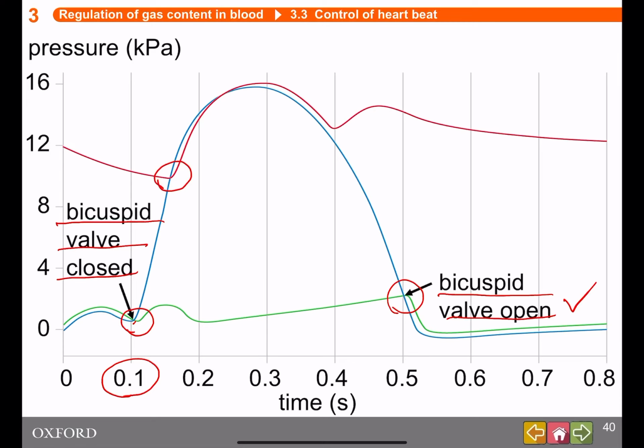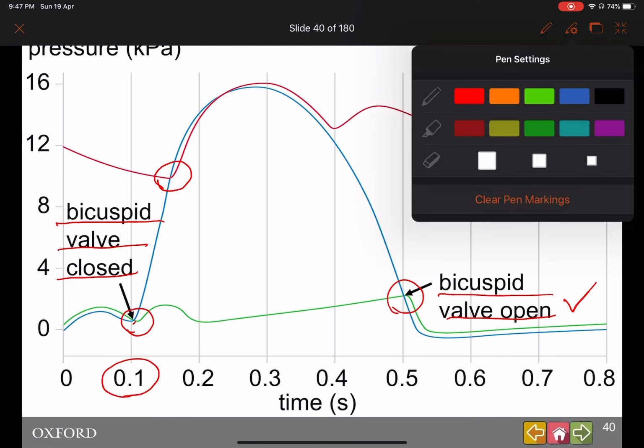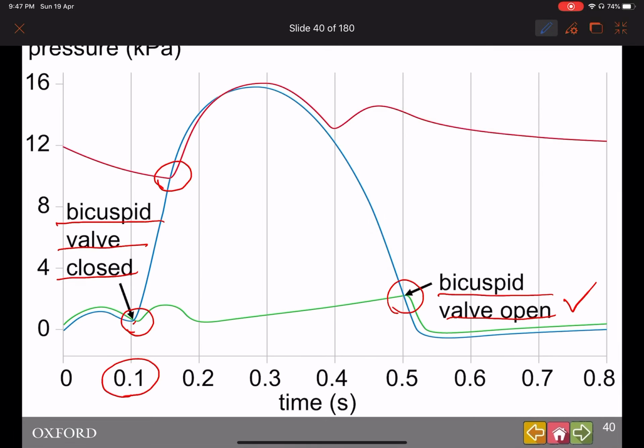This is the first point, and then we have the next point, but I need to do a correction first. I better change the color to blue. So this blue curve should remain higher than the red curve until this point. Now remember, the blue curve represents the ventricle pressure, and the red curve represents the aorta.